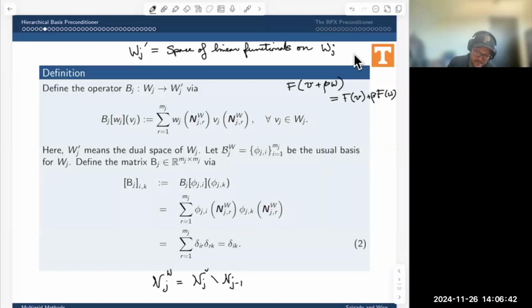You can put v's here if you want. That's the standard finite element space. So that's how we define these objects in that nodal space. We called those NJWR, r equals 1 to mj.